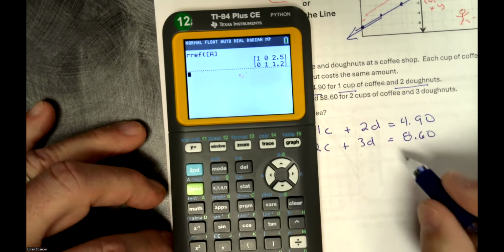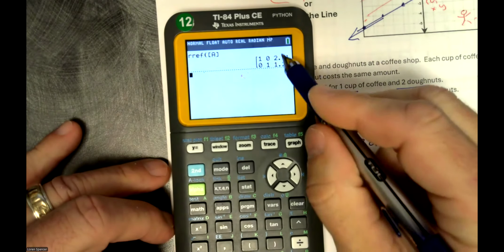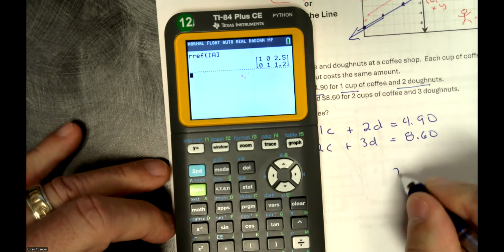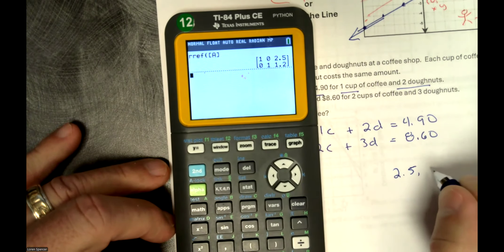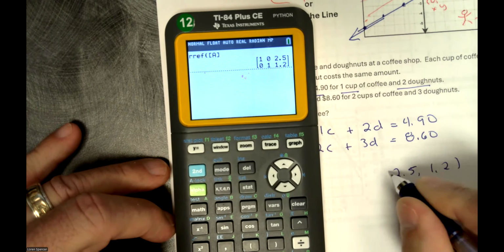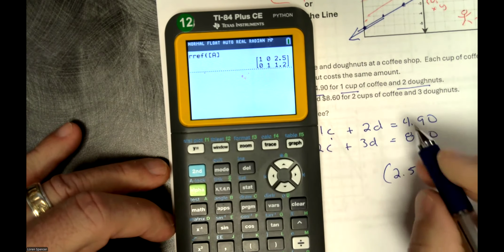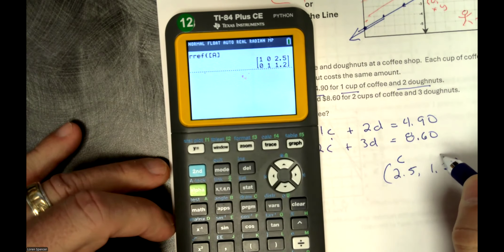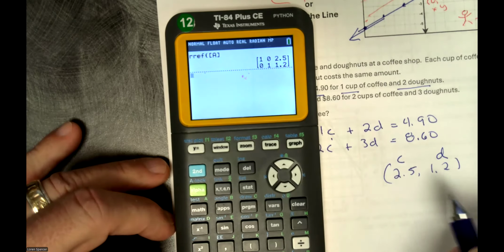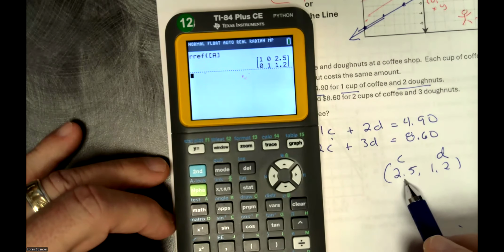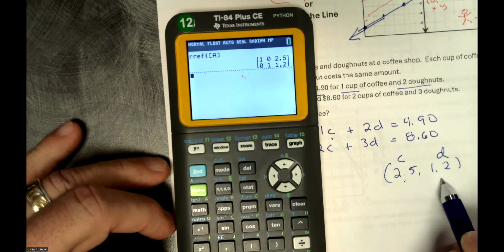Now, we end up getting, the last column is our answer. So we end up getting 2.5 and 1.2. Well, what came first? C came first, coffee, and then this came as donuts. So coffee costs $2.50 and donuts cost $1.20.